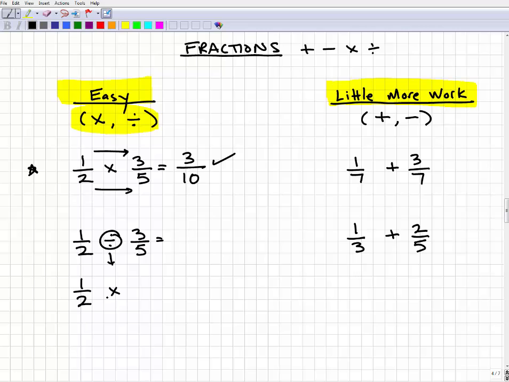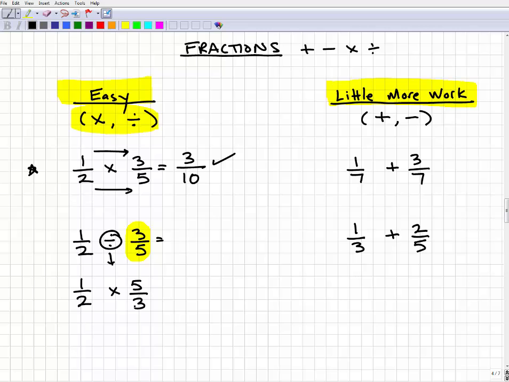You're saying, well, how can you change a division into multiplication? I can do that by taking the following step. I take the last fraction, the fraction to the right. Very specifically, it's not either or, it has to be the one to the right. And I flip it upside down. That's called the reciprocal. So when I flip that, I get 5/3.